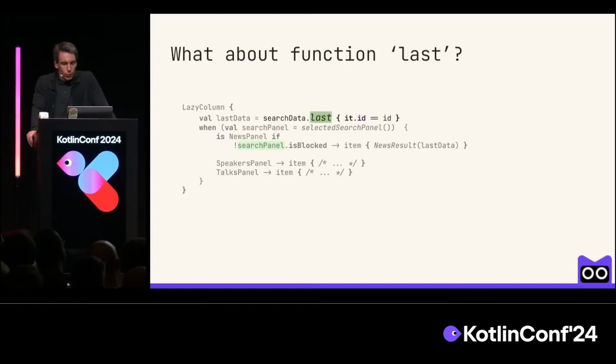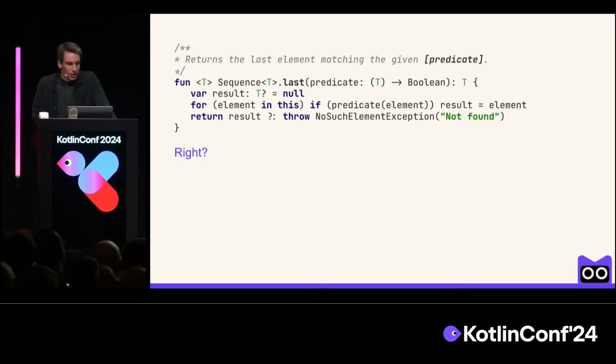But we still have one interesting function in our example, and it's the function last from the Kotlin standard library. The function iterates over each element in the sequence, and for each element, it checks if the element matches the predicate, it updates the variable result to that element. This means only the last matching element will be stored in the result by the end of the iteration.